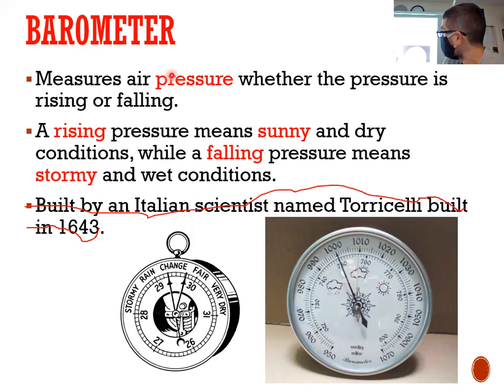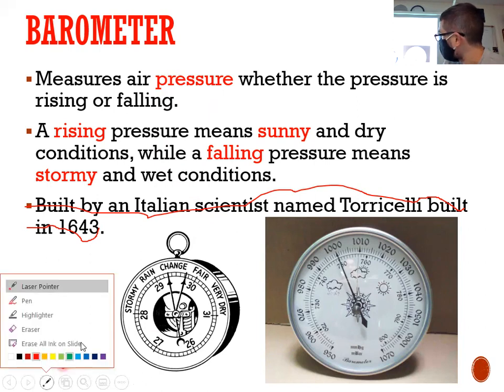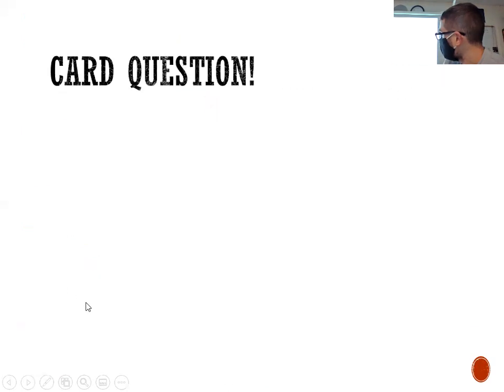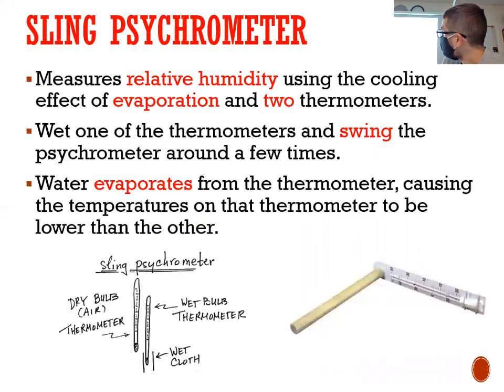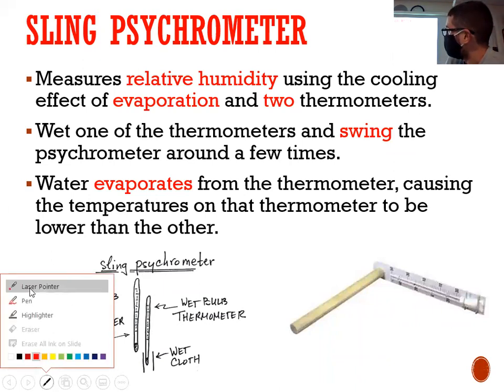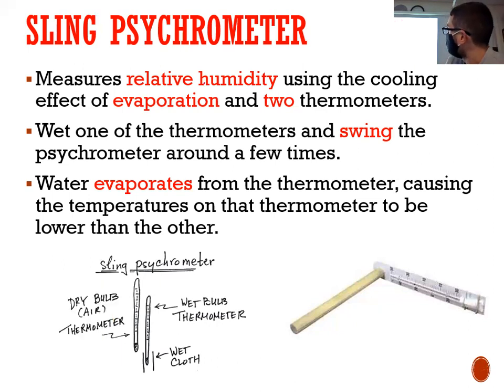All right, let's go to our next instrument. Oh, I got to just turn this off maybe. How do I get this? There we go. Okay. Next one, let's do our card question. We'll do it later. All right. Next, we've got a sling psychrometer. I'm going to go ahead and see how much of this I can cut down for my online students. Let's see. A pen. Measures relative humidity.